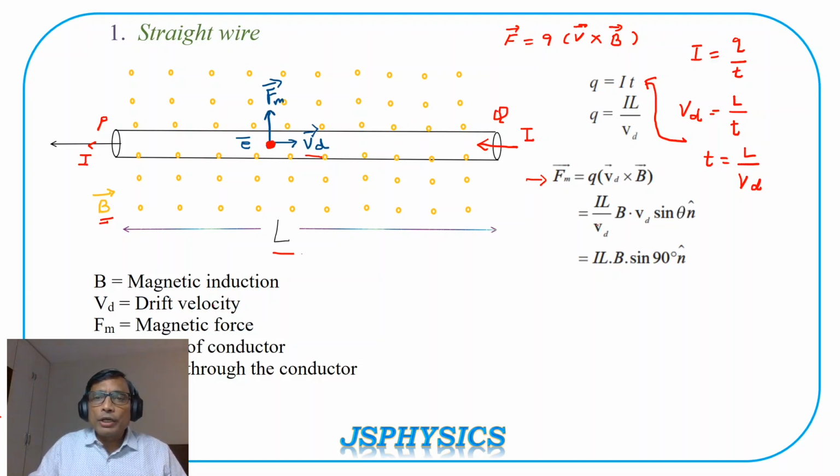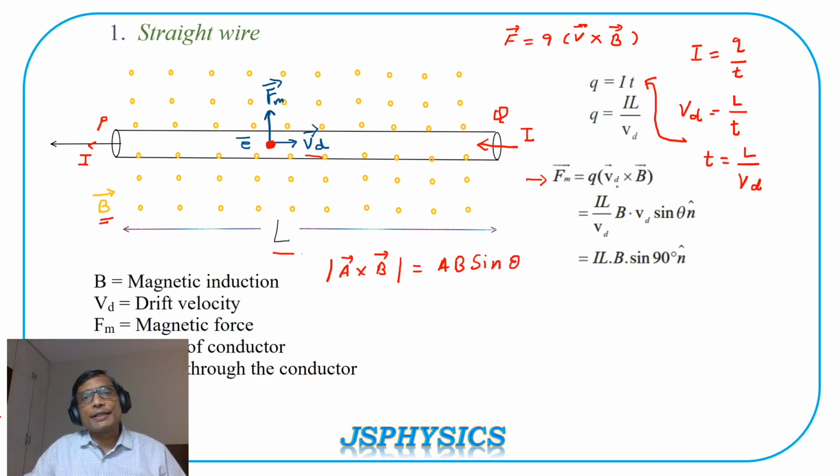Now we already know that V cross B is a cross product, and whenever you take a cross product, for example A cross B, the magnitude of the cross product A cross B is given by AB sin theta. This we have already done.